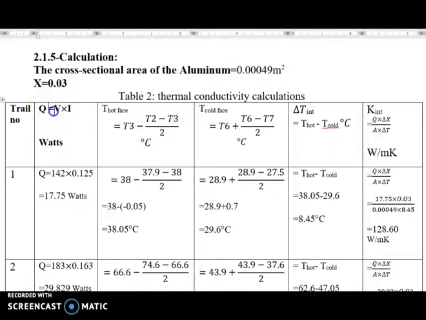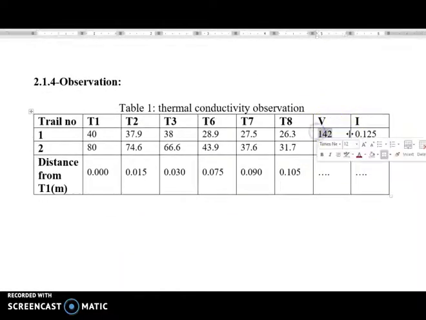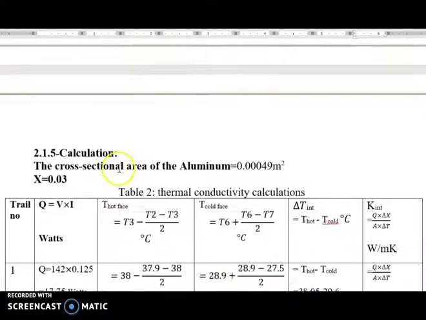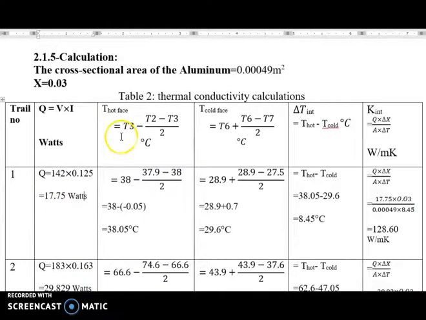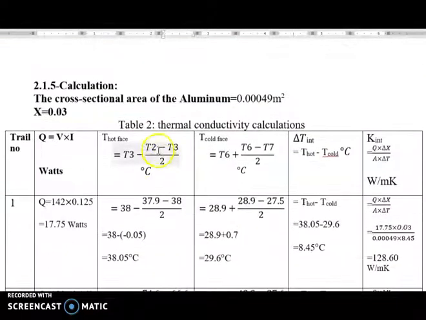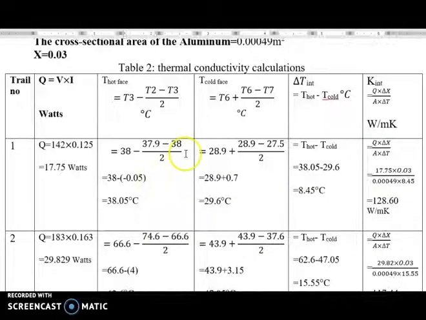So Q is equal to V into I. V is 142 and I is 0.125, so Q is 142 into 0.125. Then coming to the temperature of the hot face, the formula is T1 plus T2 plus T3 divided by 3, using the T values from the sheet.